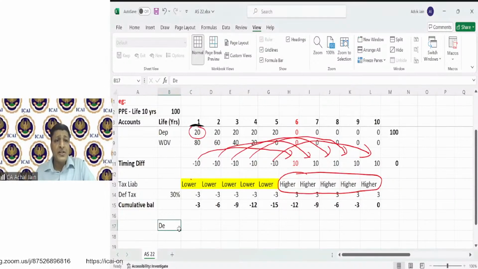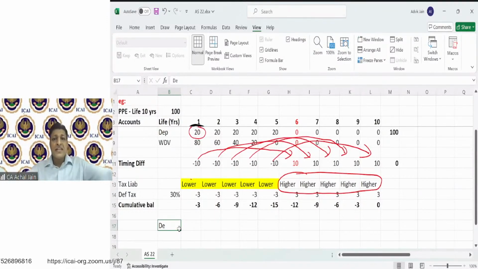Now, in the first year, let's try to understand this conceptually, which is also the query of Baswant. Whether it should be a deferred tax liability or asset. See, one point we have understood: deferred tax will be created. Why? Because there is a timing difference. But the other point which generally bothers us is that in respect of this deferred tax, should we create an asset or a liability?